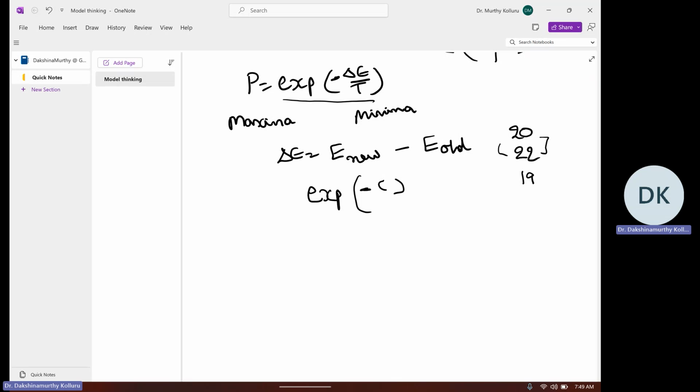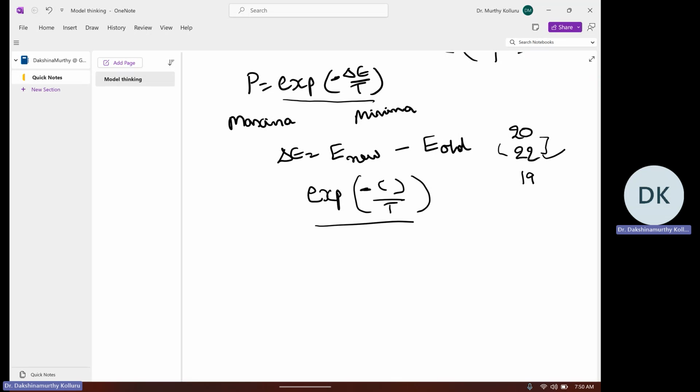So if delta is positive, this whole thing will be negative by T. So when I want to find a maxima, if I use exactly this equation, I am actually again getting a probability value. But because I am looking for a maxima, I should always accept this. So this should be greater than 1 all the time, so that by default I just accept it.